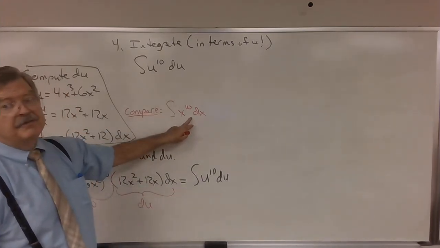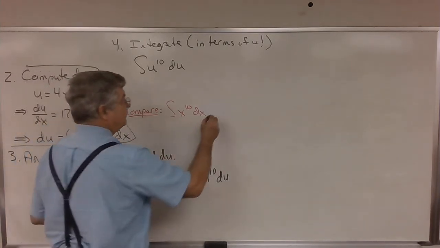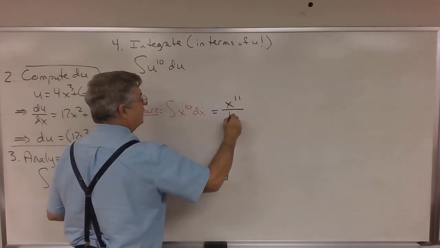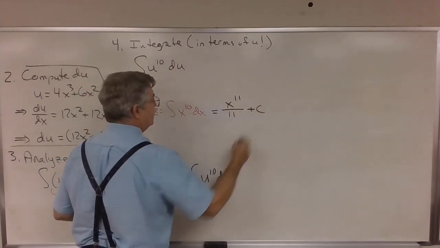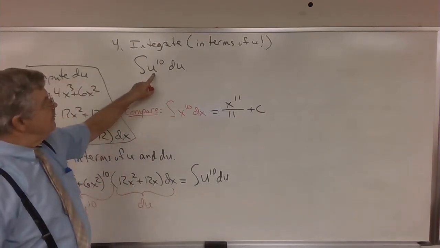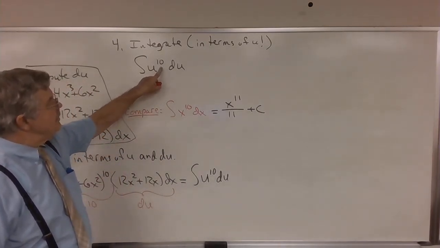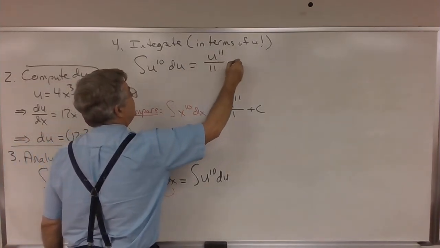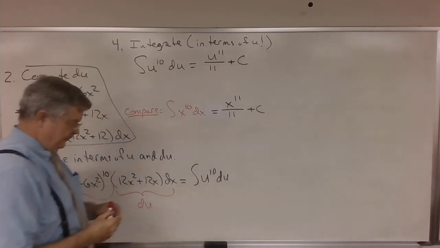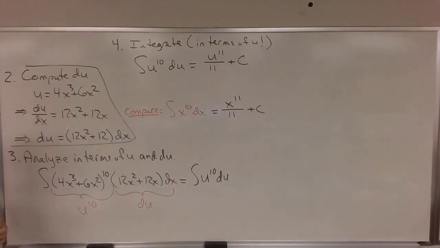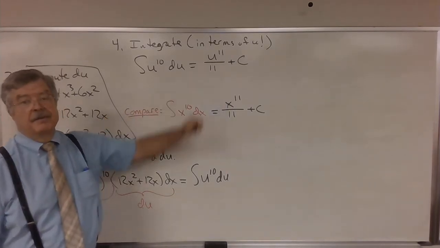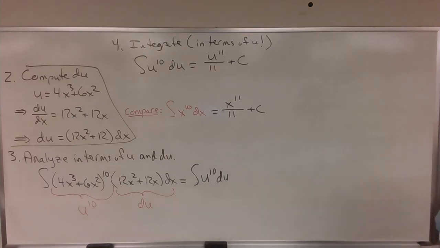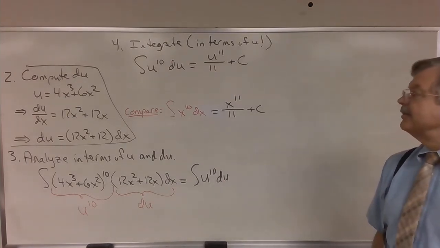And we know what this is. This is just a power rule exercise. Add 1 to the exponent. Divide by the new exponent. Well, this is going to do the same thing to u. Add 1 to the exponent. Divide by the new exponent. Plus c. So here's our answer in terms of u. Now I'll give you a minute or two to look at that. Actually, more like 15 seconds to look at that.